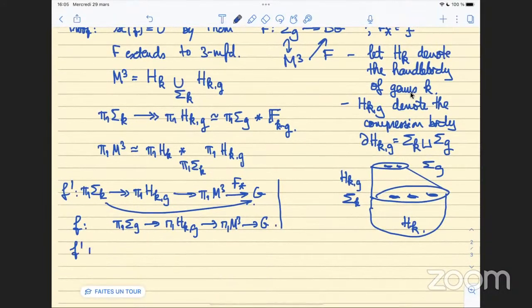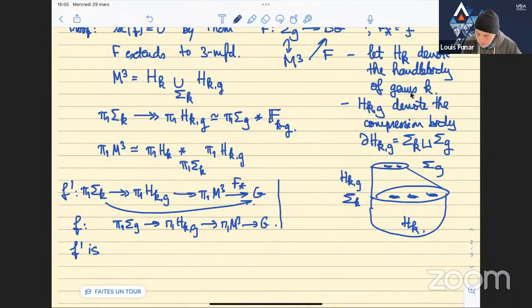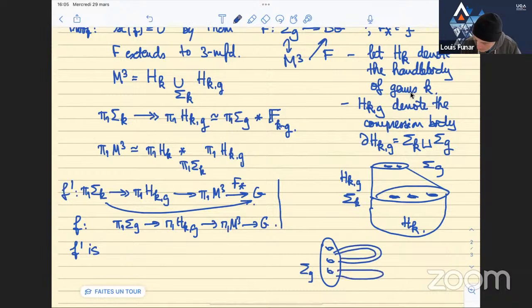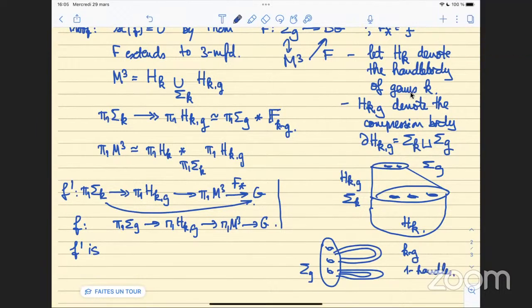Yes, Luis. Why is the fundamental group of the compression body isomorphic to the free product? This seems strange. Well, it's obtained from a surface of genus G by adding K minus G one-handles. Okay, okay, I see.